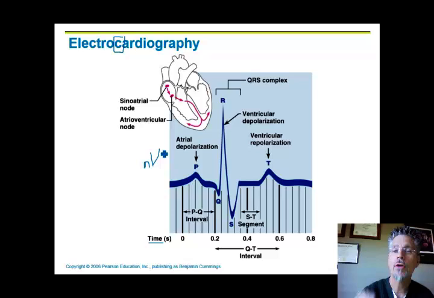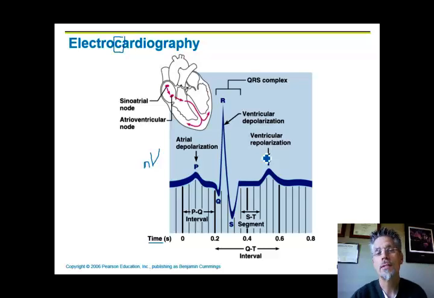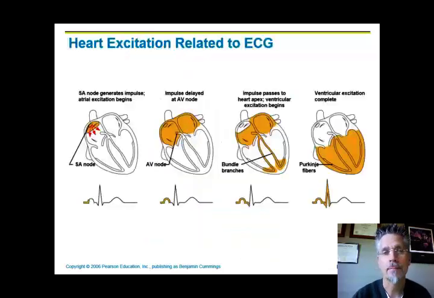But you need to know what's going on during each of those curves. Atrial depolarization and repolarization, ventricular depolarization, and then repolarization. This is when the signal is getting to these different chambers, causing the cells to contract and then relax. So we can see that in this figure as well, how that signal is spreading from our conductive cells, our autorhythmic cells, to the contractile cells in these different chambers. And that is then showing up on the ECG output.